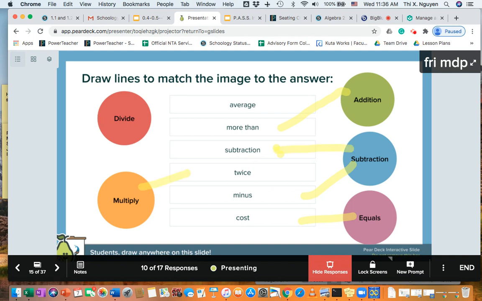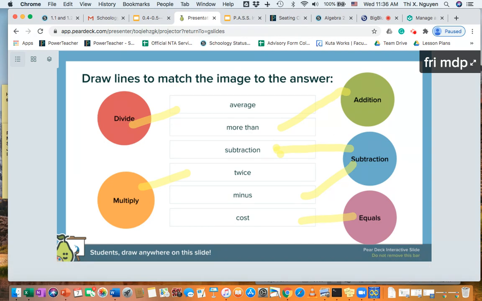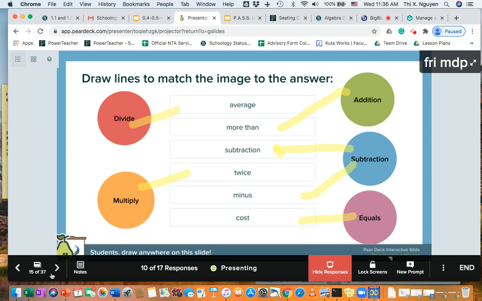Subtraction is subtraction, good. Twice means multiply, more than means addition. Average, divide, that is perfect, that is good, because they don't directly say divide, but the average of something means I add the total and then I divide by how many people I have to get an even share. Okay. Twice, multiply, so that is good, perfect.